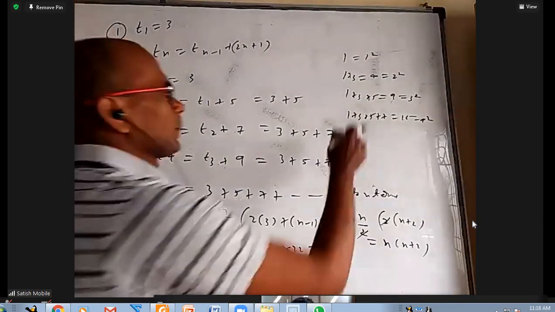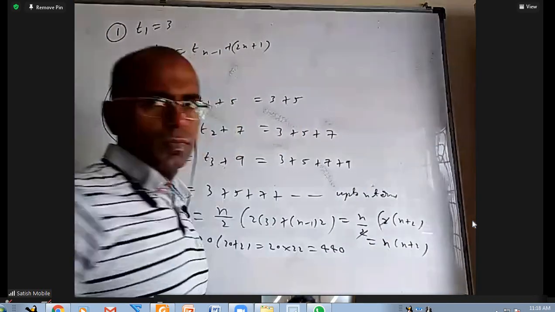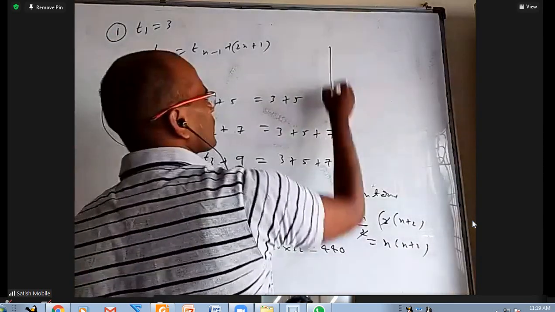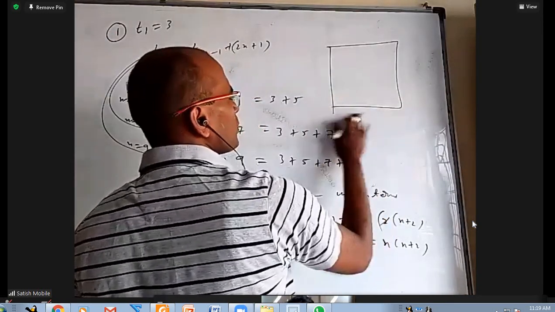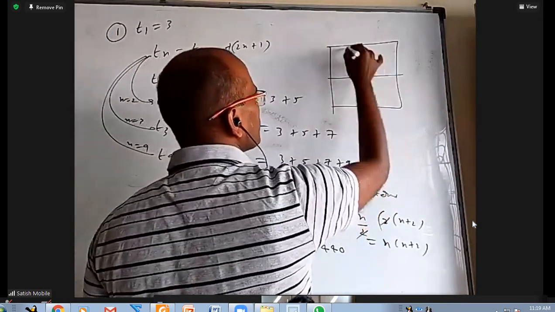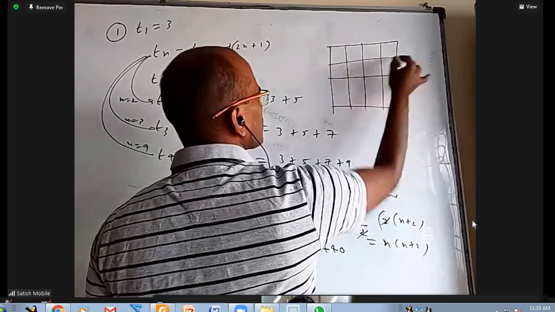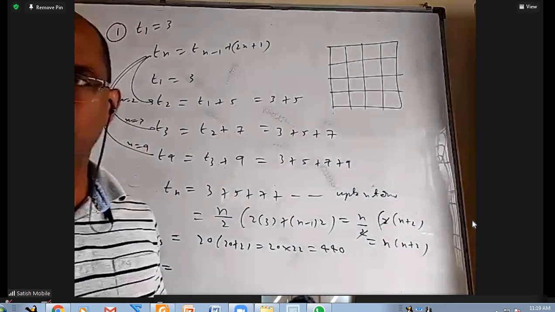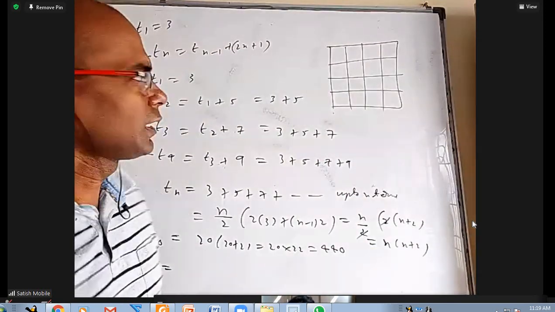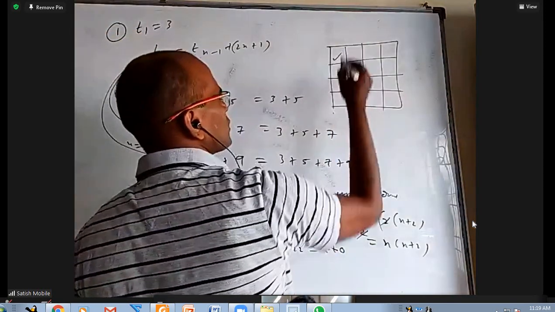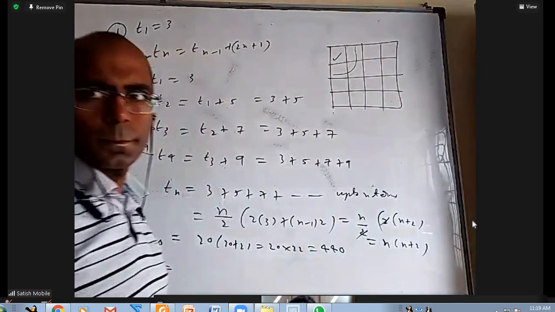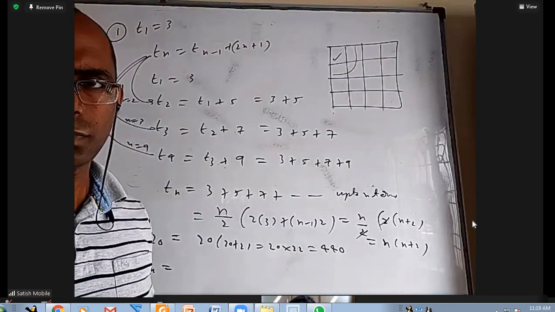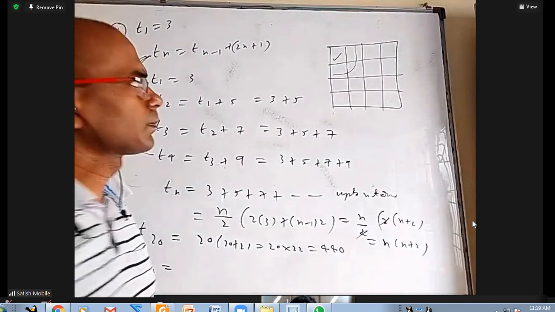Yes. I told you one time some little interesting way to derive it. Let us say this is a 4 by 4 square. If I take the small size squares, how many are there? 16, 4 square, right? Let us count how many are there. These are 1. These are how many? 3, right?